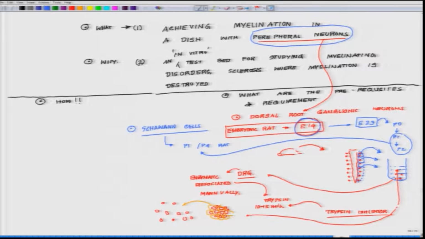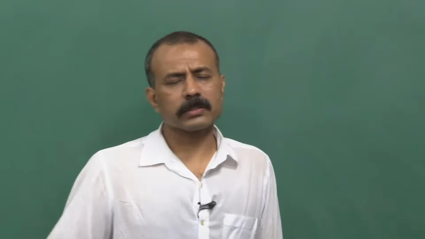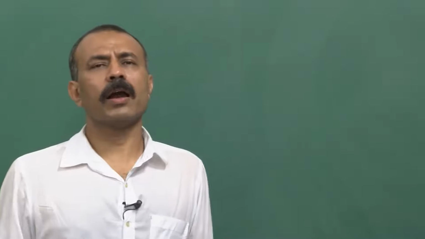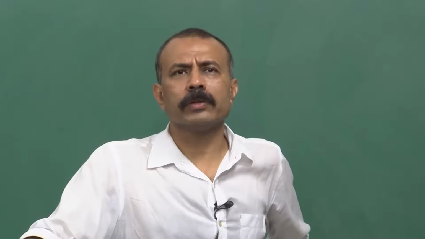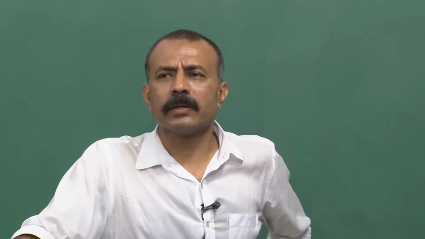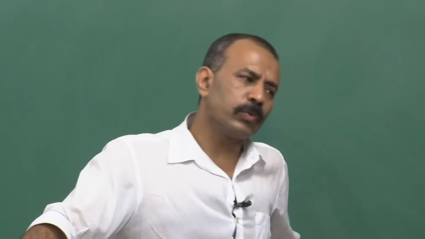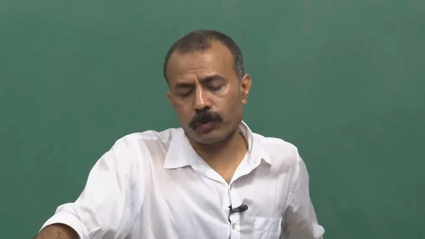Now, if you ask me how all these things are known, for the last 50, 60 years people have been working on it. So, it is kind of a long haul journey. Today we have some ideas where we could get those cells which are going to myelinate, and so on and so forth.